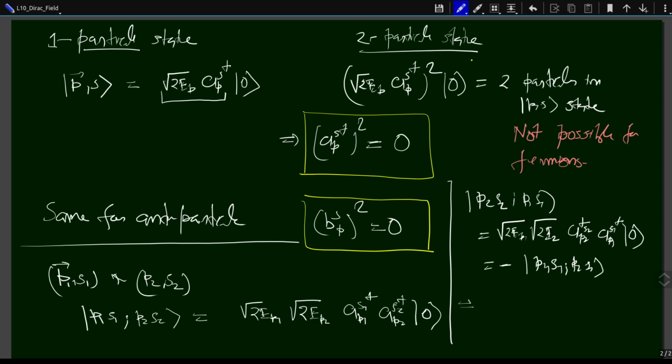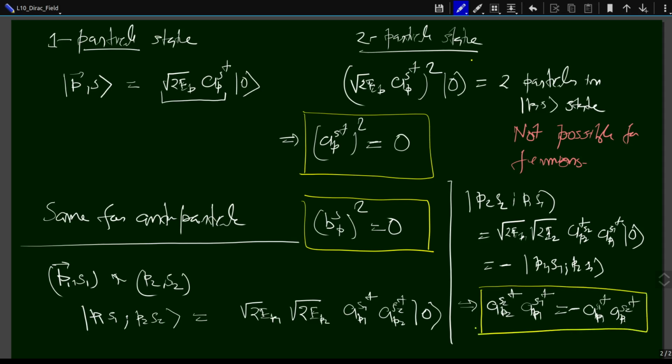So this gives me that a_{p2 s2} dagger a_{p1 s1} dagger equals minus a_{p1 s1} dagger a_{p2 s2} dagger. This is another property I got.